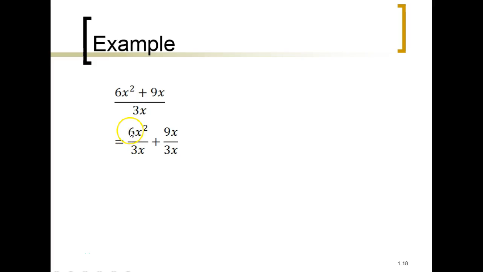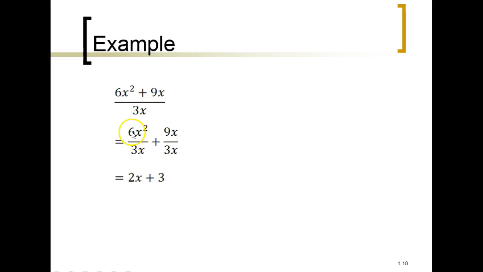We want to divide the numerical coefficients. That's the easy part, 6 divided by 3. And then we want to perform the division of x squared over x by doing the proper thing with the exponents. Because the bases are the same, remember for division, you subtract the exponents.